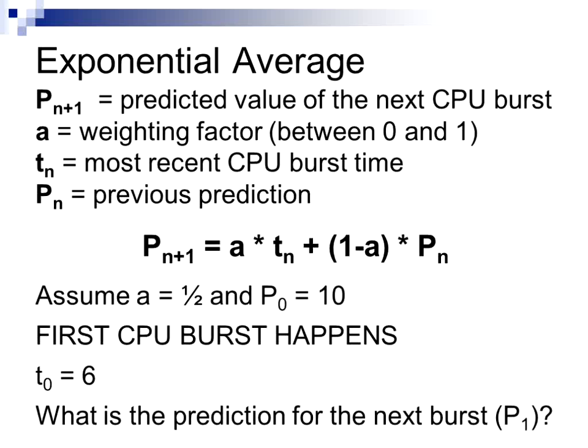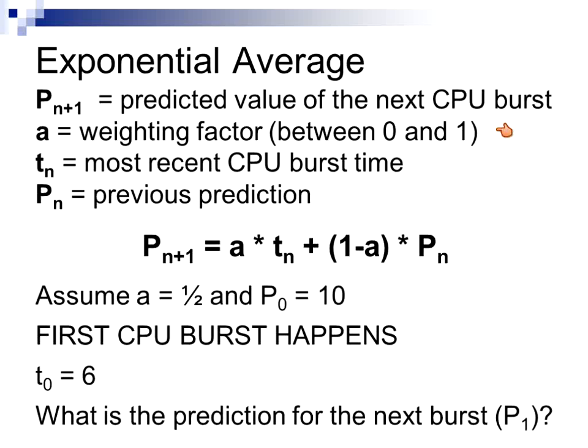I changed the letters that are being used. It was using Greek letters in your textbook. That's very hard for me to enter on a slide, so I just changed them, but they have the same meaning. So Pn plus 1 is the predicted value of the next CPU burst.